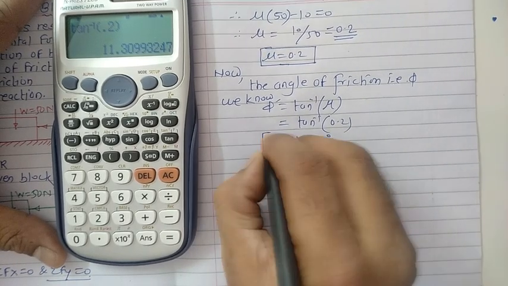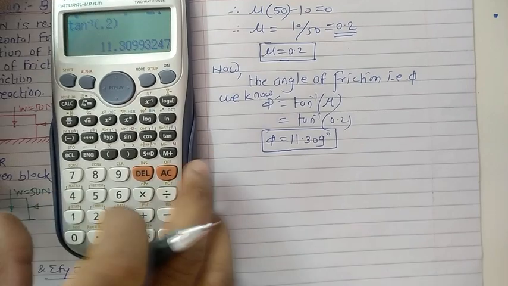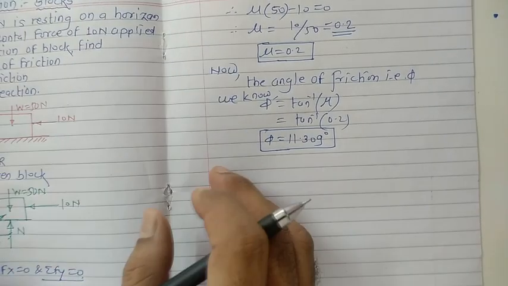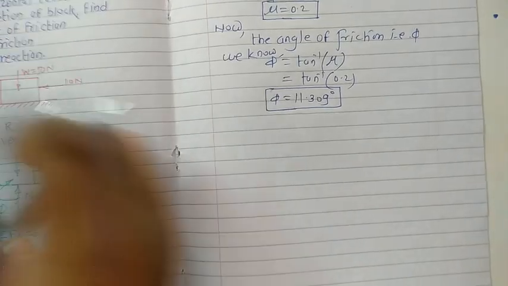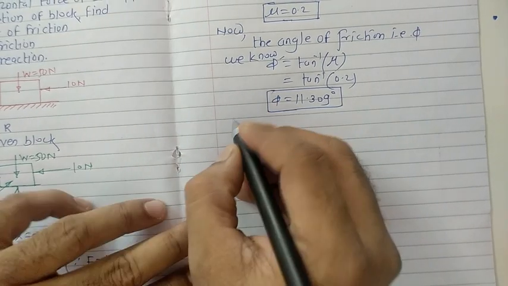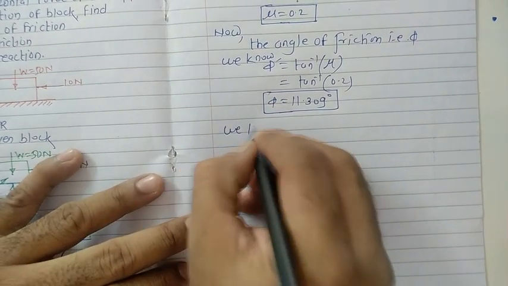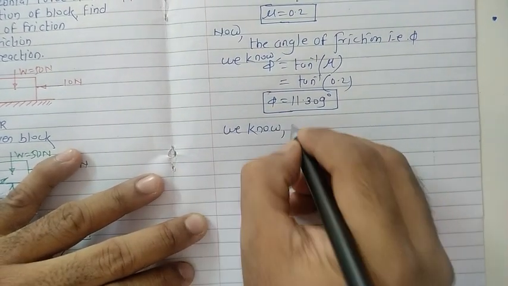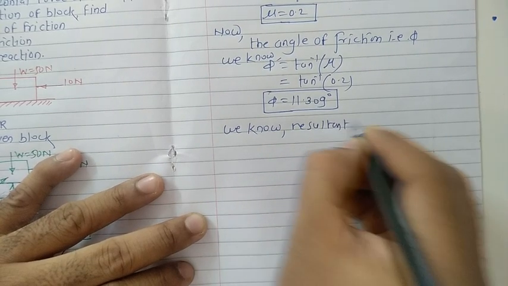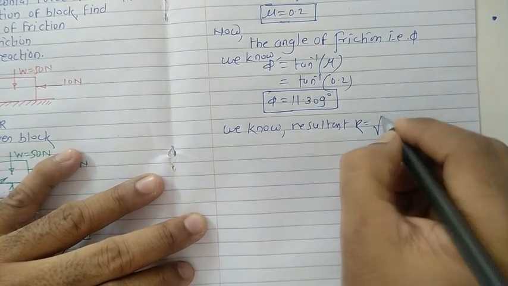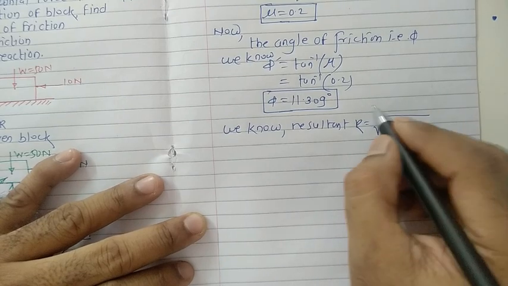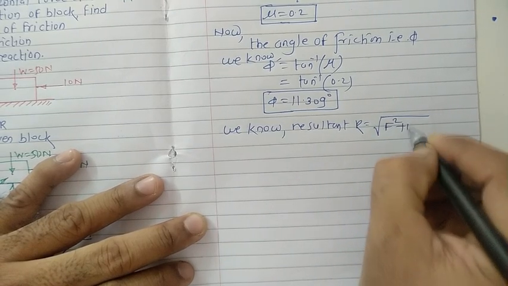So this is the angle of friction. Now my next target is to find the resultant reaction, that is R. We know the resultant R is the square root of F square plus N square.